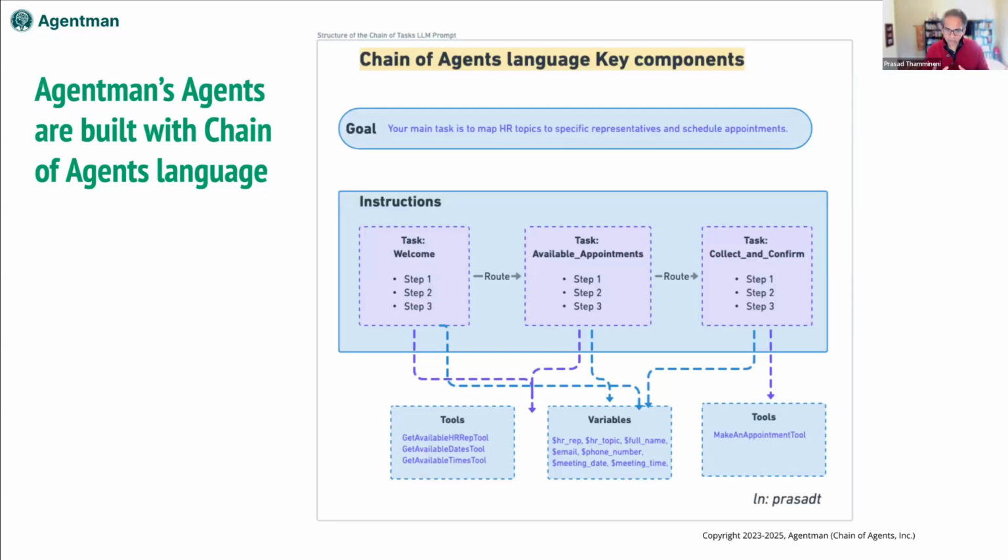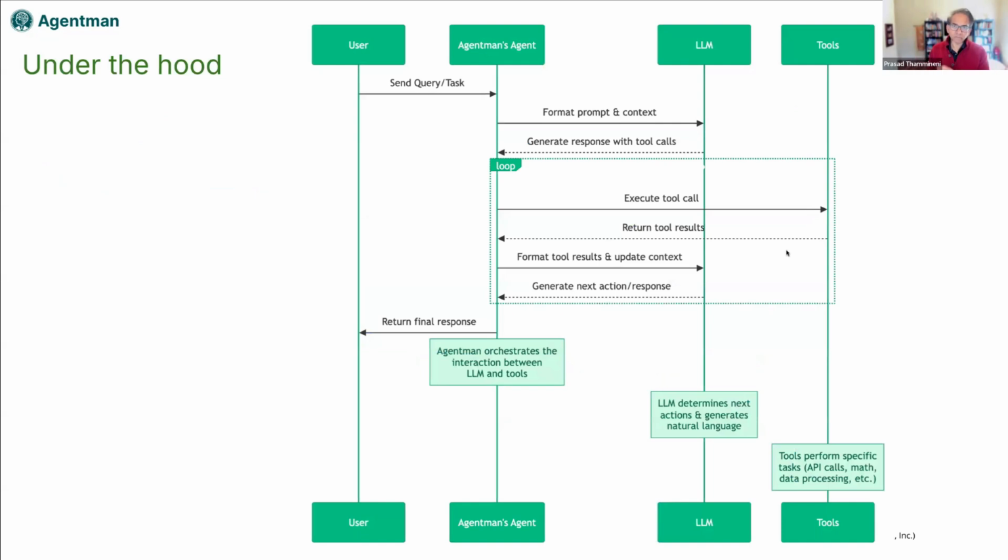Between conversations or long running steps, it stores interim data in variables or memory, so it remembers over a period of time. So goals, tasks, instructions within those tasks, tools, variables: all of this is what we call the system prompt. You see this format prompt. That's the system prompt for the agent.